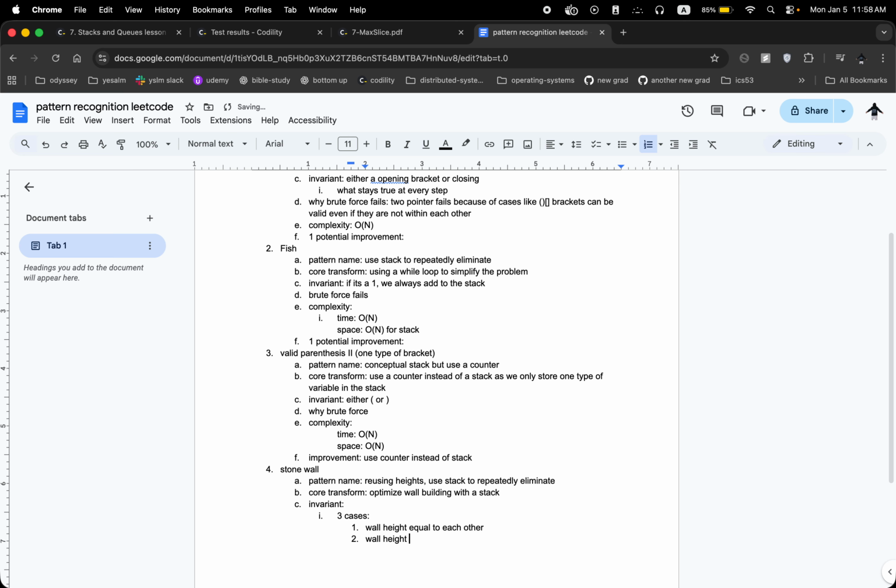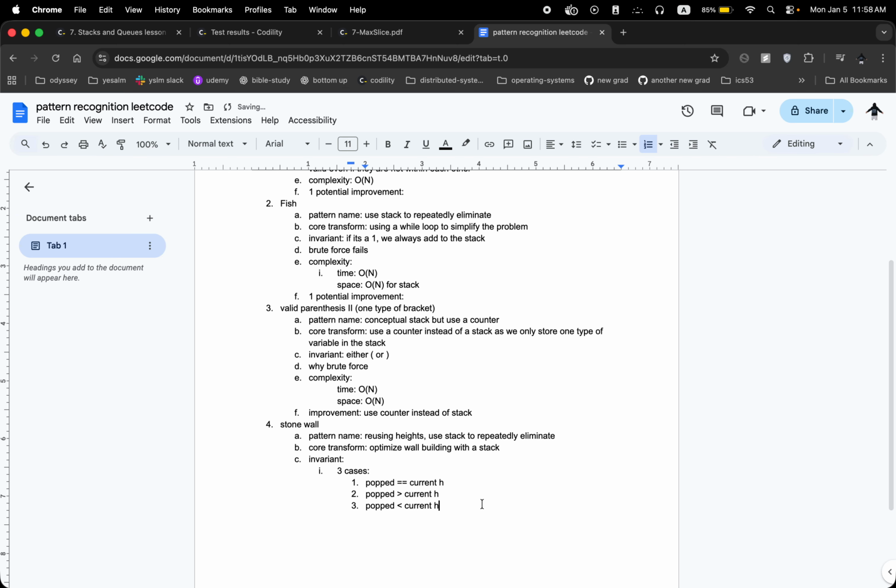So I guess popped greater equal to current h, popped greater than current h, popped less than current h. These are true at every step. I think that's what the invariant is for this one.